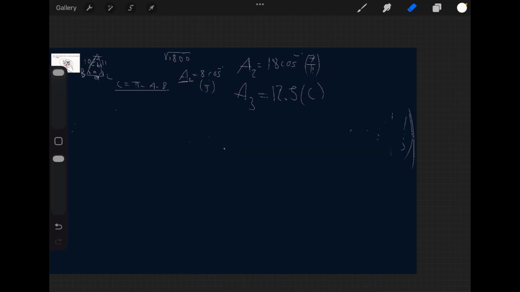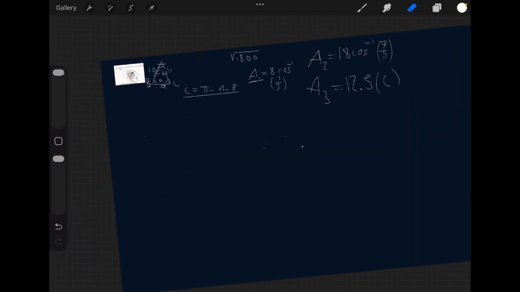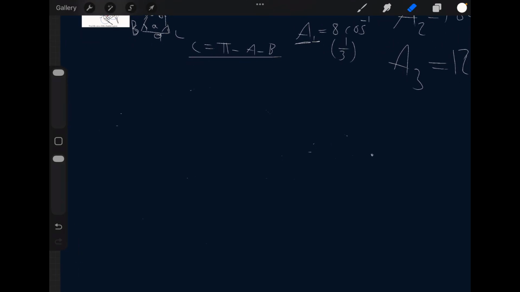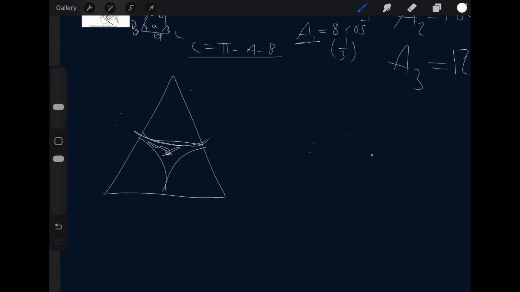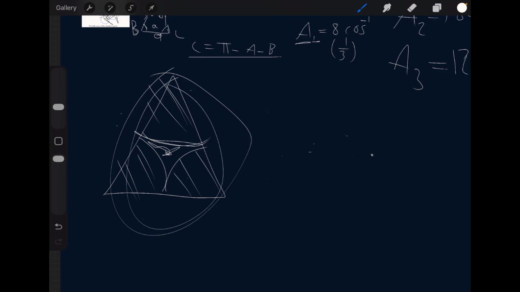So if we have a triangle here, and then we have the circular sectors here, we'd want to find this area here, and that'll just be the area of the whole triangle minus this, this, and this, and we found the area of the whole triangle here and the areas of these circular sectors.